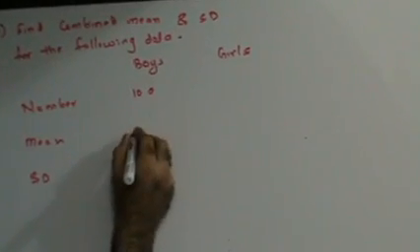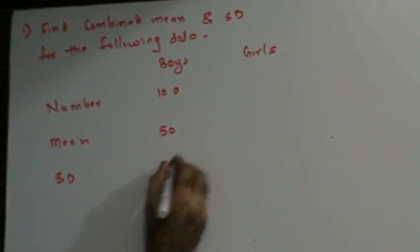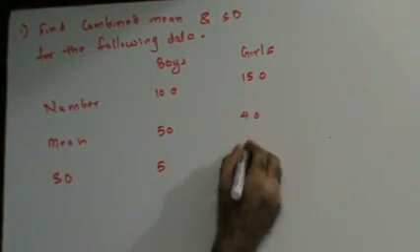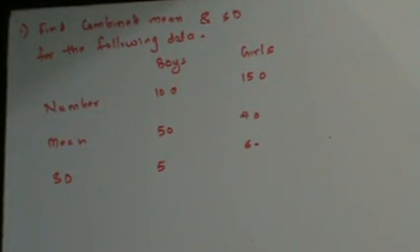Now the data is given to you this way: number, mean and standard deviation, boys and girls, 100, 55, 150, 46. Right? Now the first thing that you have to do is give variables to each one of them.